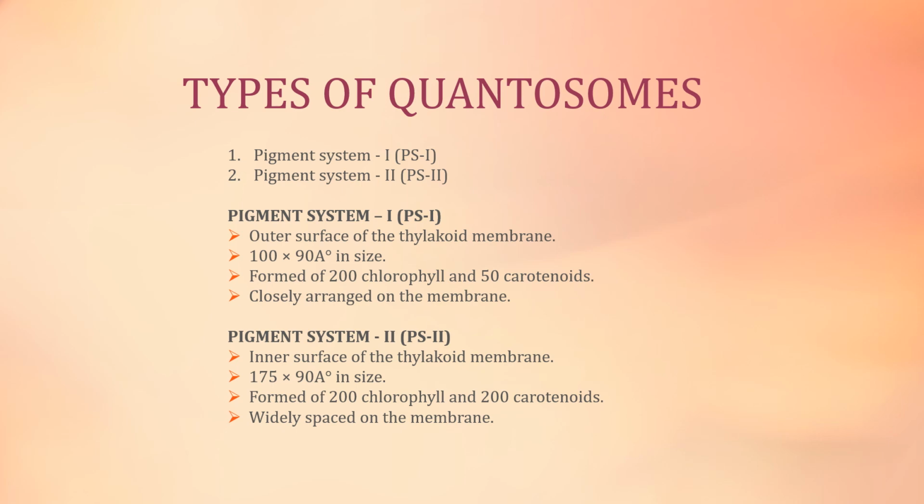Pigment system 1 particles are closely arranged on the membrane. Pigment system 2 is found on the inner surface of the thylakoid membrane, which has 200 chlorophyll molecules and 200 carotenoid molecules. It is 175 by 90 angstrom in size. Pigment system 2 particles are widely spaced on the membrane.